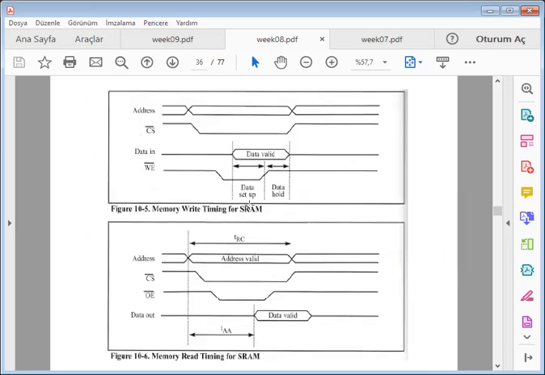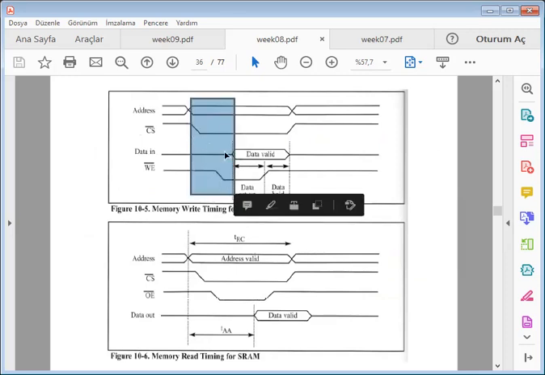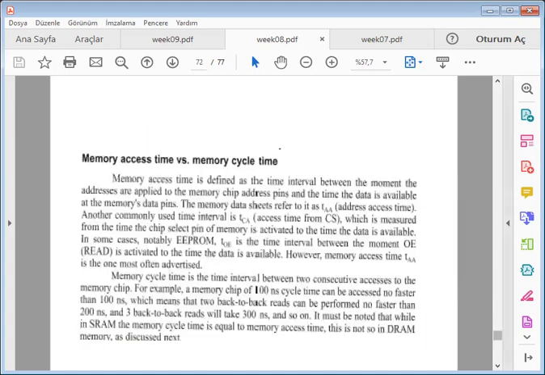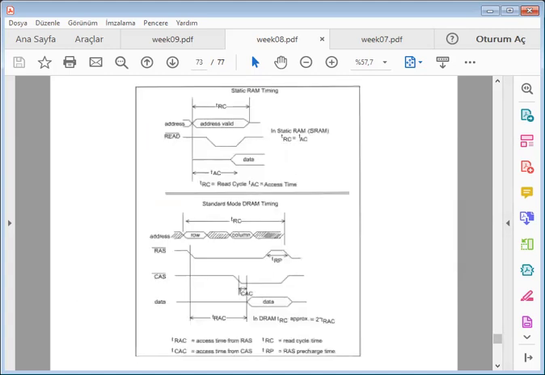So the memory access time is actually the time difference between the first selection or some kind of reference point till the data can be read or written. So this is the time lost to get that information in or out of the memory.